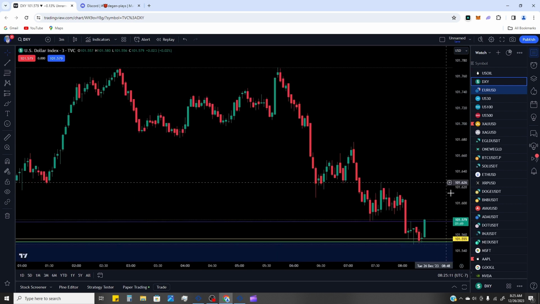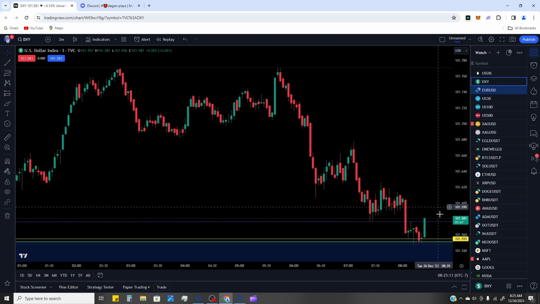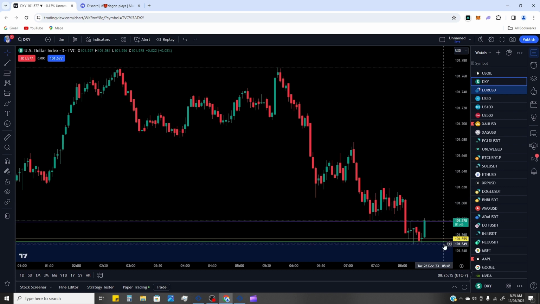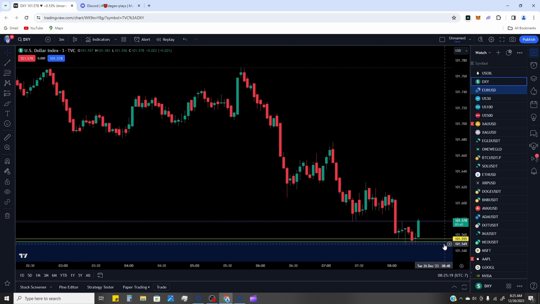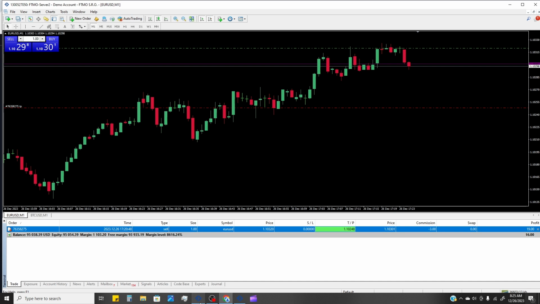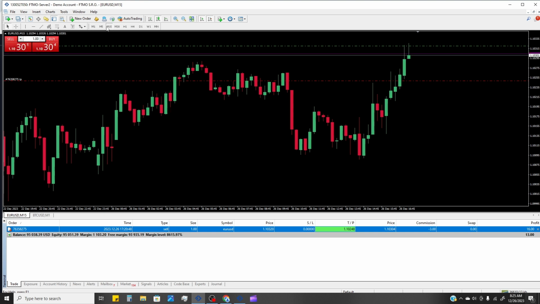But if you can see, as we turn it the right side up, it's pumping off of 101.555. Okay, that's the target. That was the target. It fell all day until it reached that number. We knew we could catch a high probability reversal on that number on the Dixie.